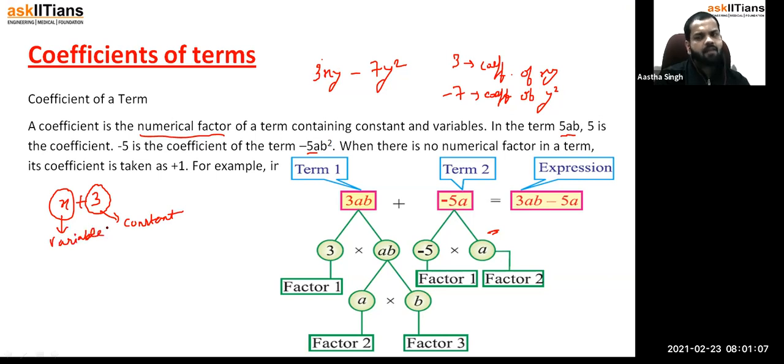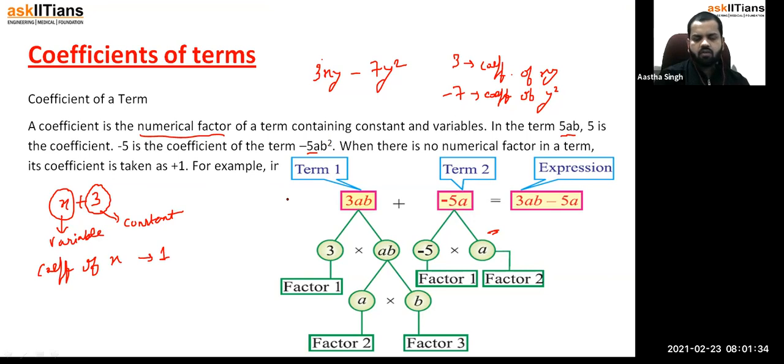What is the numerical number with the variable? Nothing. So the coefficient of x is taken as 1. If there is no numerical factor in a term, its coefficient is taken as plus one.